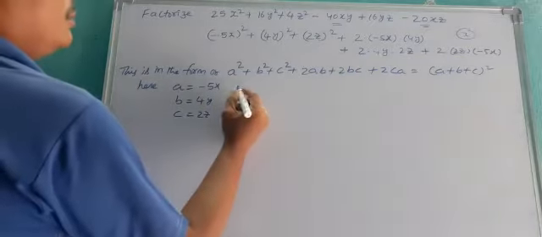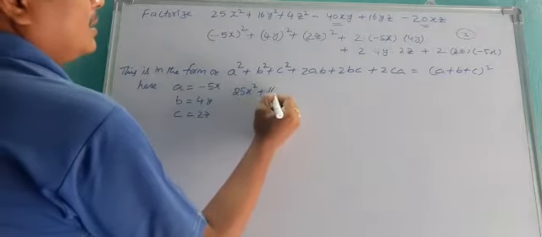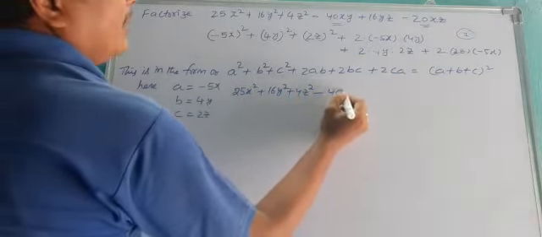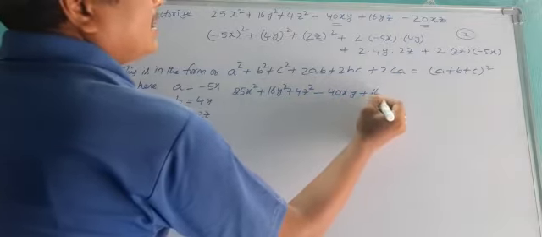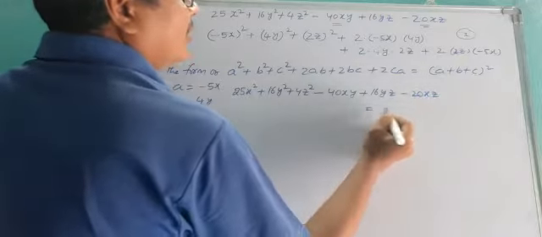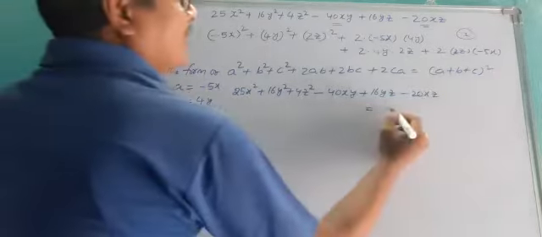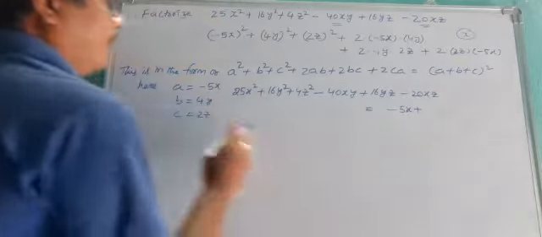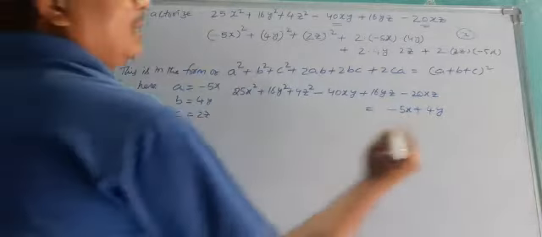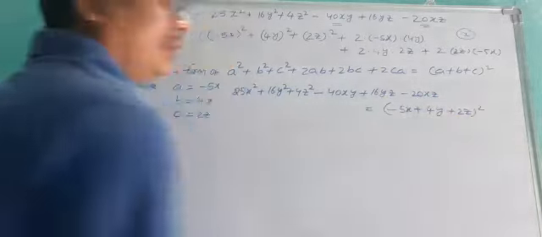How? Very simple. 25x square plus 16y square plus 4z square minus 40xy plus 16yz minus 20xz is equal to (a + b + c) whole square. Here a equals minus 5x, b equals 4y and c equals 2z.